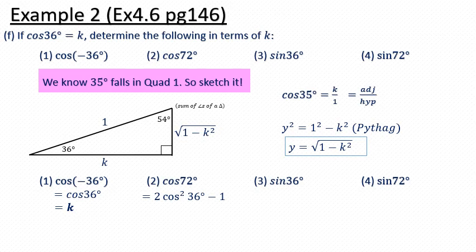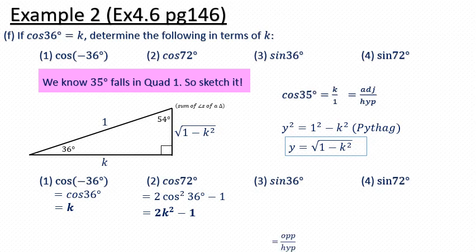Why? So that I don't need to do too much thinking and I can just substitute in the values given to me in the question, hence minimizing my risk of making an error. So instead of cos 36, cos squared 36 will just be k squared. So the final answer is 2k squared minus 1.